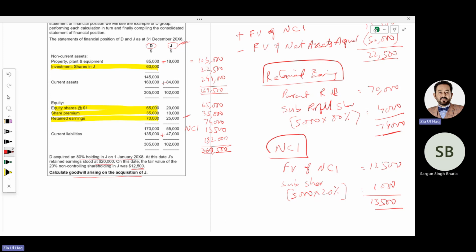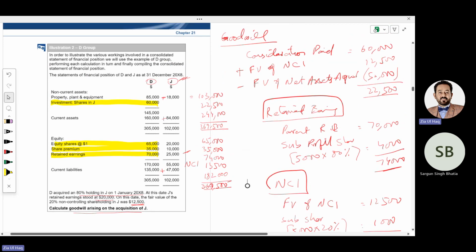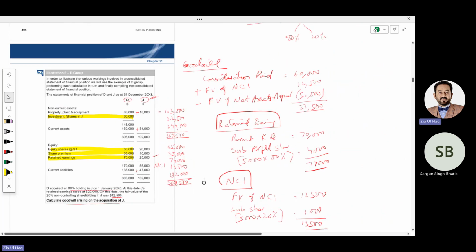So we have covered how to prepare consolidated financial statements if your holding is 100%, and how to prepare them if your holding is less than 100%. In fact, four things we need to calculate.